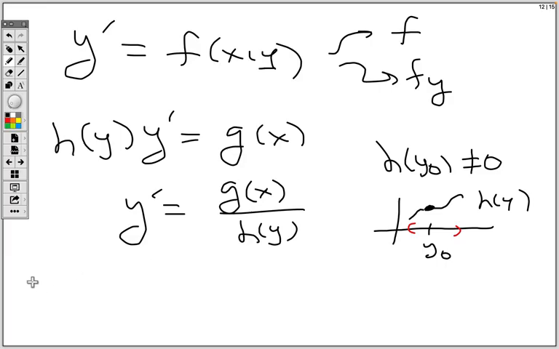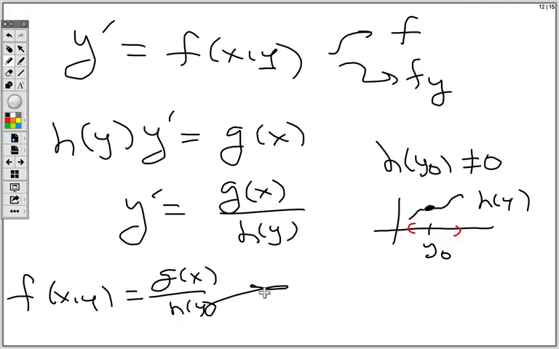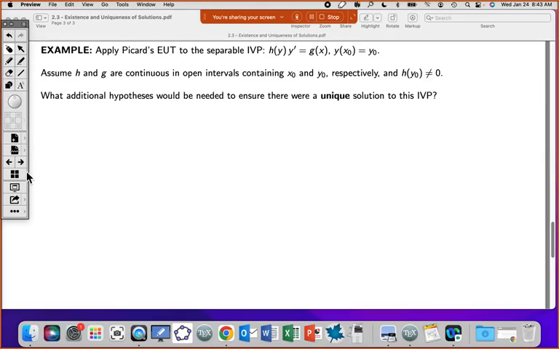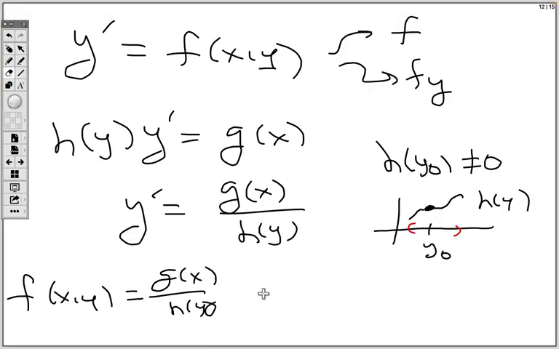Okay, so that means that f of x, y equals g of x over h of y is going to be continuous, at least in some open interval around y naught. Which is enough to guarantee a solution.